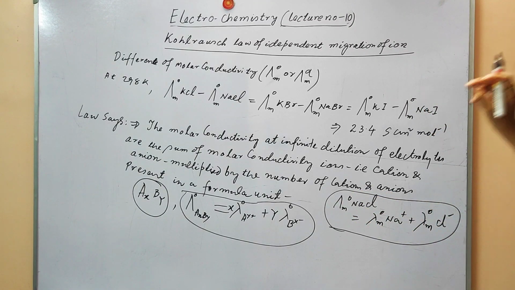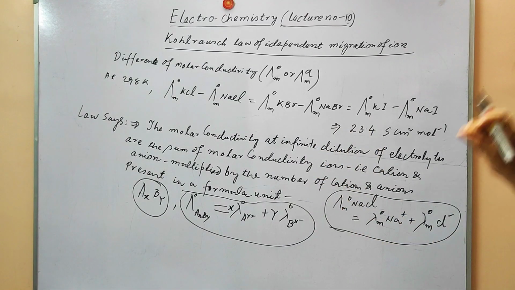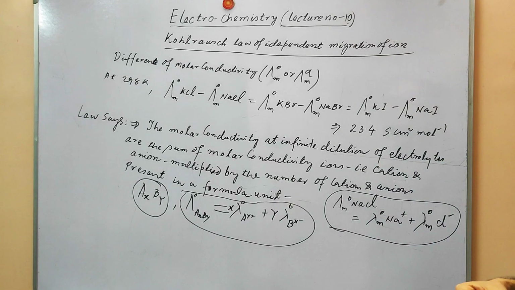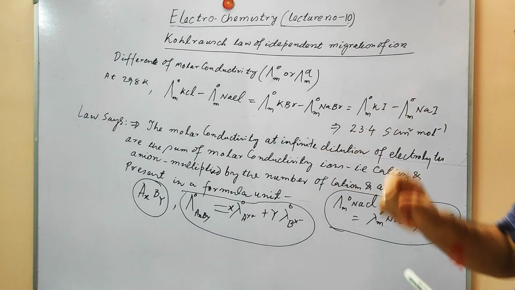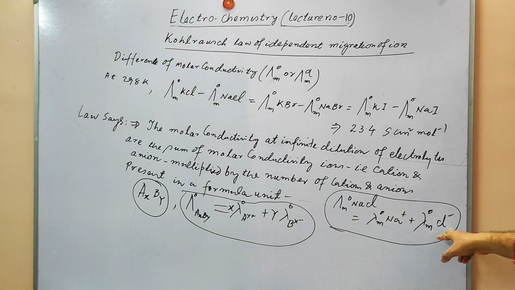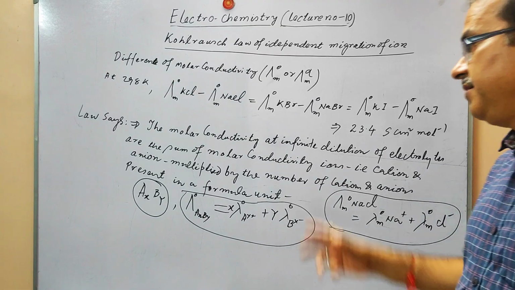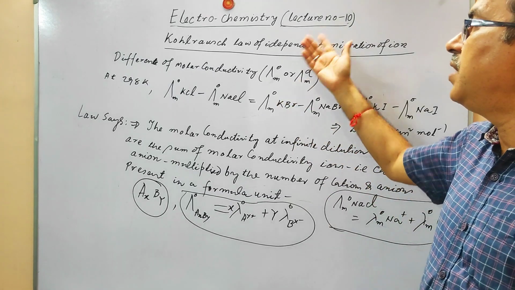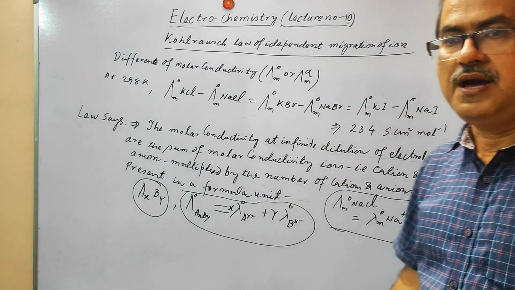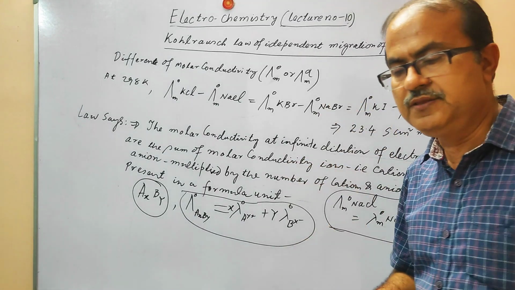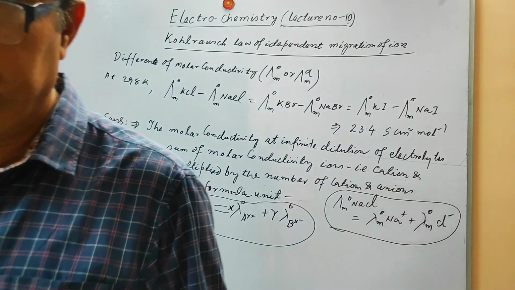So this is the law: molar conductivity at infinite dilution of the electrolyte is the sum of molar conductivity of the ions, cations and anions, multiplied by the number of cations and anions present in the formula unit. This is a very important thing, and it comes from the regularity that Kohlrausch observed. This law has a lot of applications that we are going to understand.